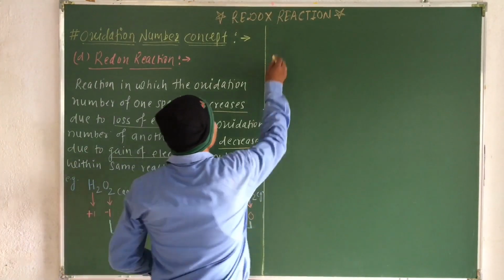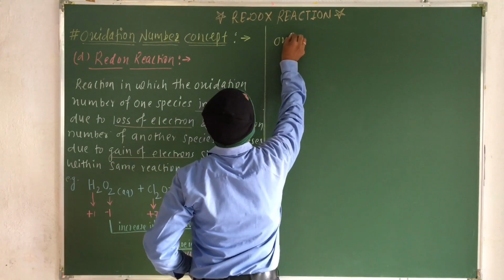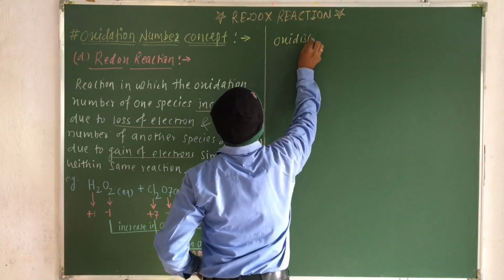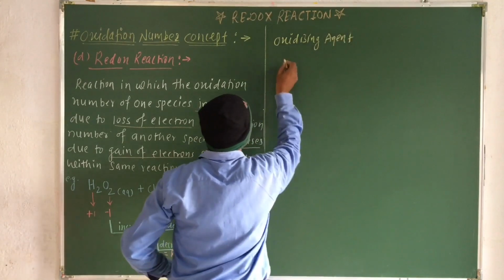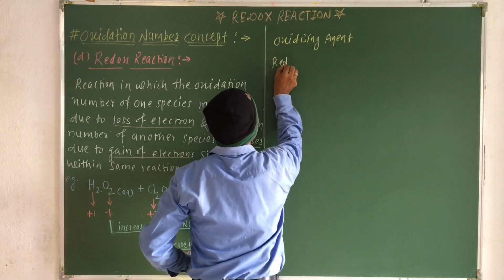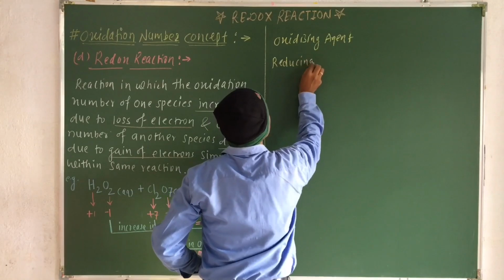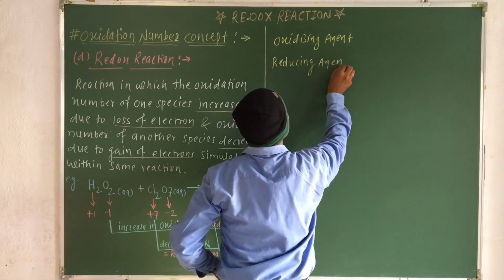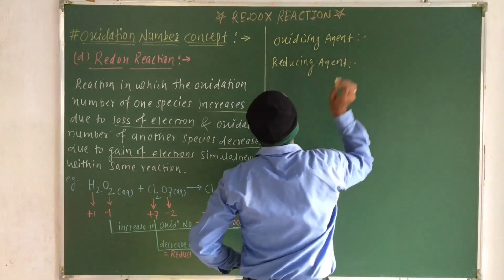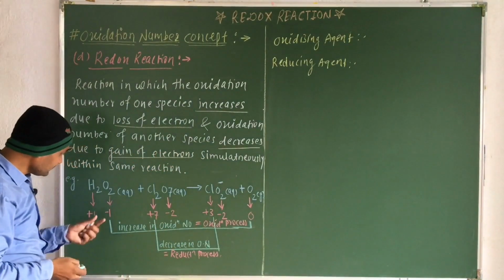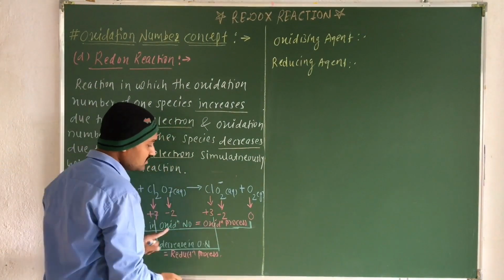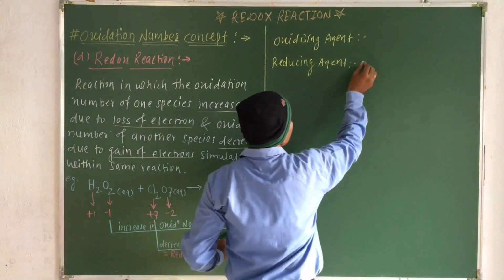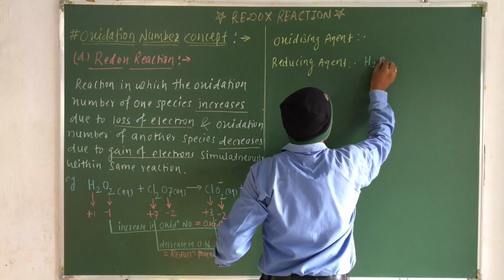So which is the oxidizing agent and which is the reducing agent in this reaction? As we know that here the H2O2 molecule undergoes oxidation, so obviously your H2O2 will act as a reducing agent.